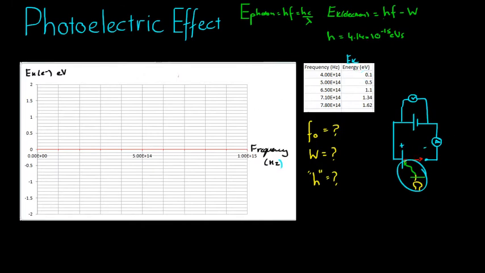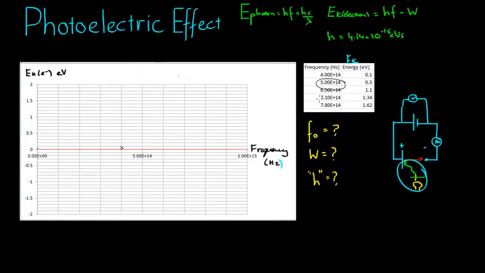So moving over to our graph over here, we find this is 1 times 10 to the 14, 2 times 10 to the 14, 3 times 10 to the 14, that's 4 times 10 to the 14. And the energy is 0.1. It's halfway between the red line and the first black line. So I'm going to mark that in there. That's our first data point.